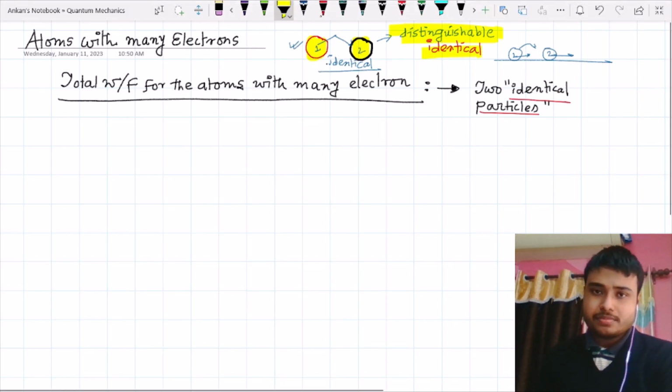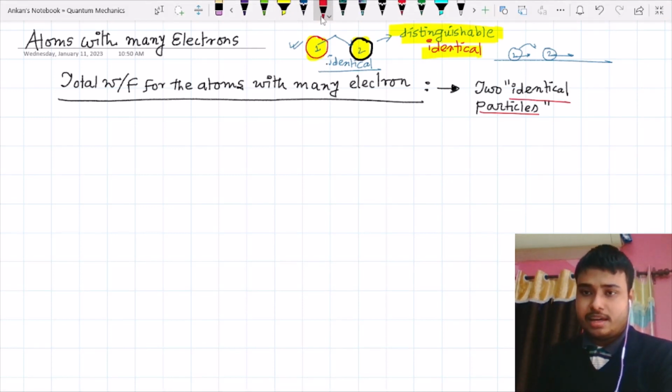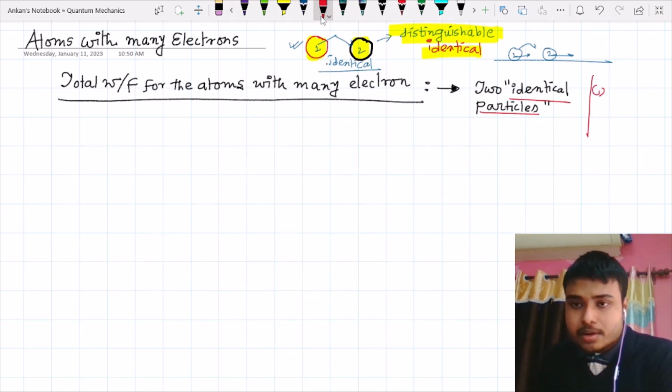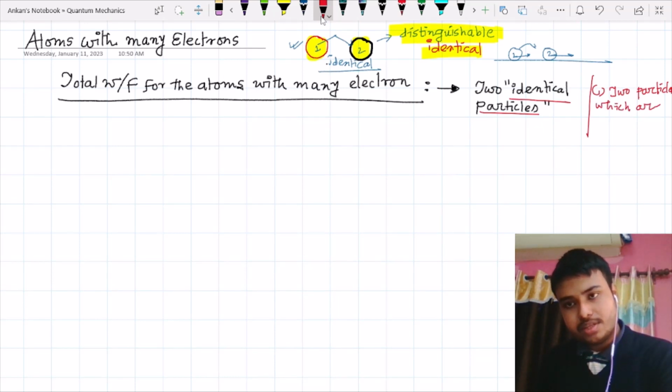So here we obtained two particles which are identical but distinguishable.